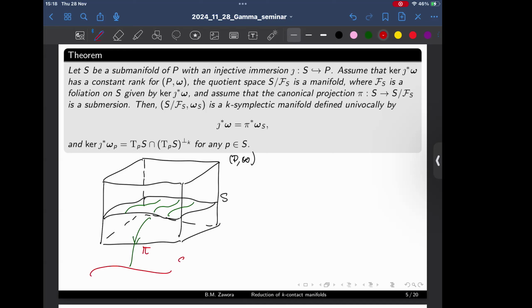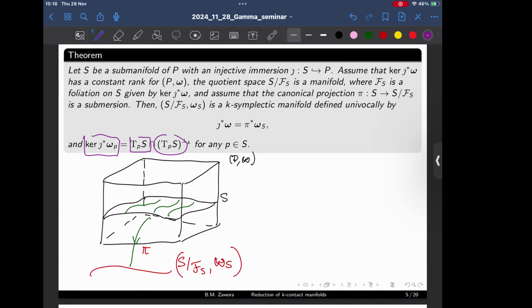We reduce to S divided by this foliation, and this is a k-symplectic manifold with the reduced k-symplectic form. One can also show that this kernel is given by the tangent space T_pS intersected with its k-symplectic orthogonal.